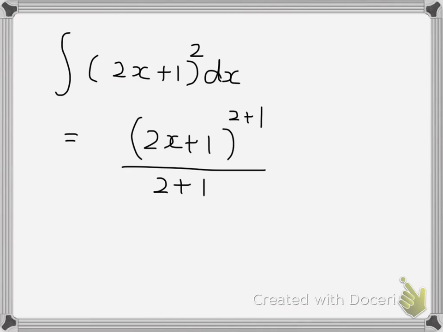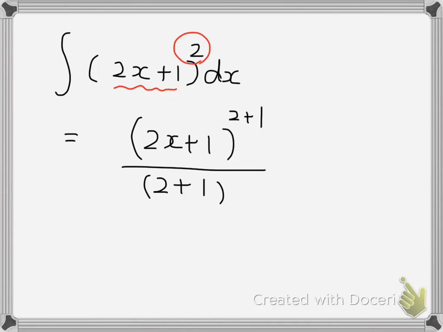Now what's going to happen here is that when you do your chain rule, after you differentiate your power, you have to differentiate what is inside the bracket, right? So that is when you do differentiating. Same thing here. When you integrate, after you've done that, you must also divide by the differentiation of what is inside the bracket.